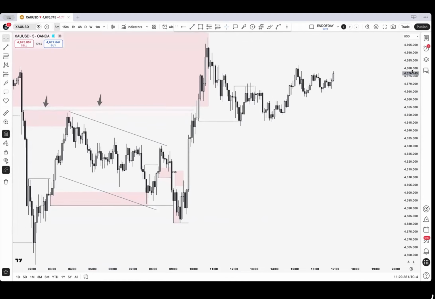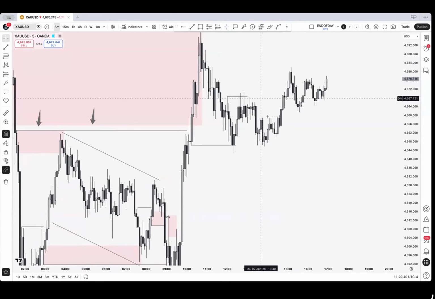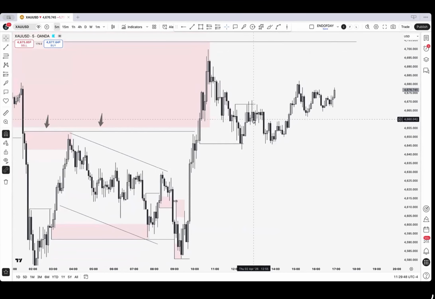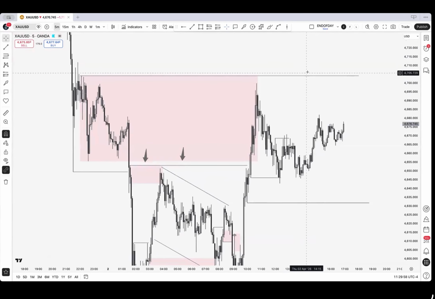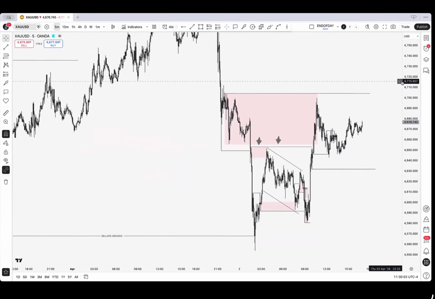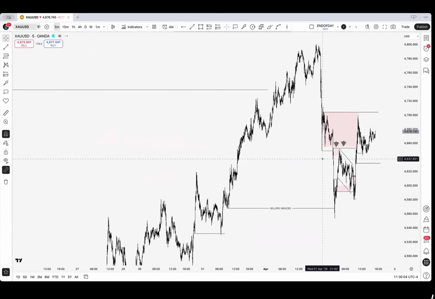This is getting into the form of bank holiday price action, so not really much we can do. Once we see this take this high, I would potentially want to see price come lower to these lows, and then we can potentially take a trade into these highs. But gold, not really much besides that one move that we went over earlier.